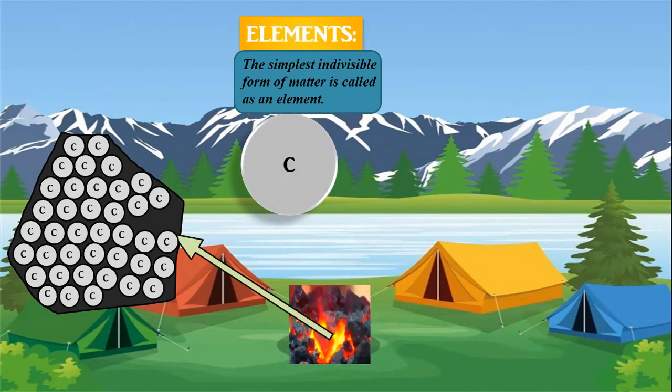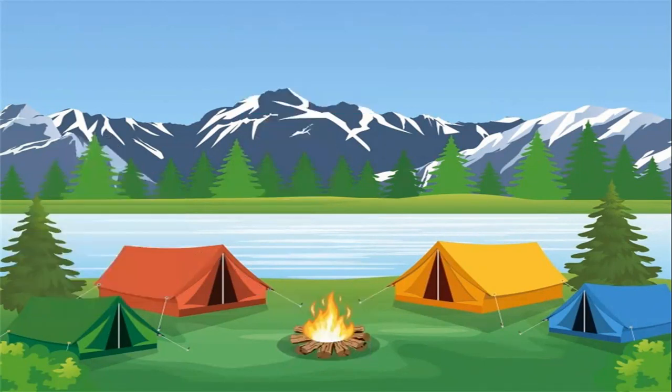Now, at the same time, we have this air around us. In the air, the most important gas is oxygen. This oxygen gas is in the form of the O2 molecule.